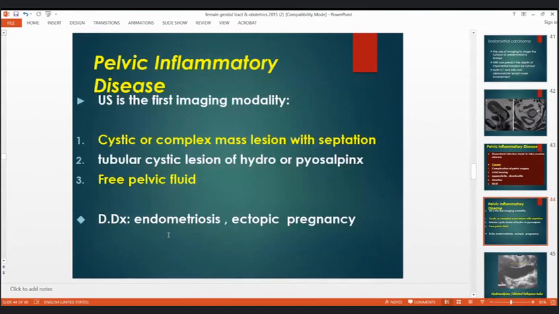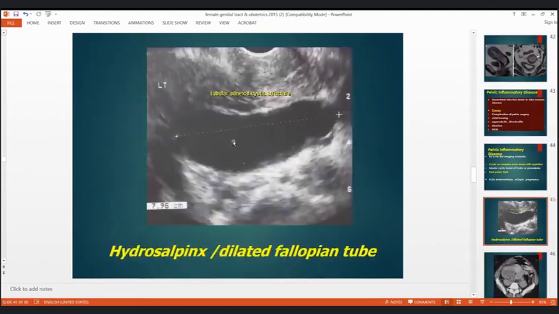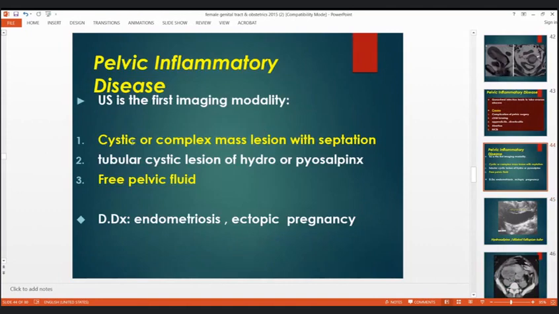To start with, we start by ultrasound. Ultrasound will show hydrosalpinx or pyosalpinx, which is a dilated, tortuous fallopian tube. It can show abscess, seen as a cystic or complex mass lesion with septation.